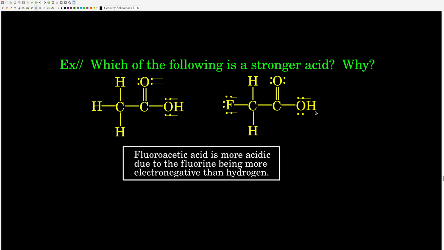Also, in the conjugate base form, when you get the, it's called the carboxylate ion, the negative charge is spread out more. It's more delocalized because this fluorine is pulling those electrons towards it, helping delocalize that charge compared to just a hydrogen. So fluoroacetic acid is stronger than acetic acid. All right, moving on.